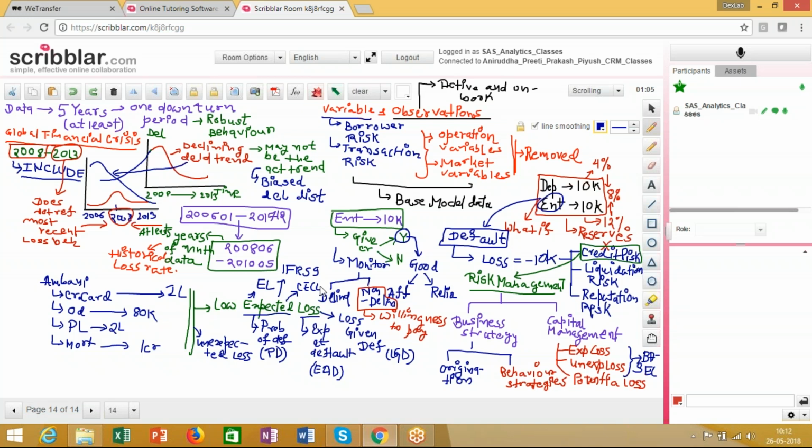When we are computing the probability of default, we need to follow certain regulations, certain rules which are laid in the Basel Accord, right?